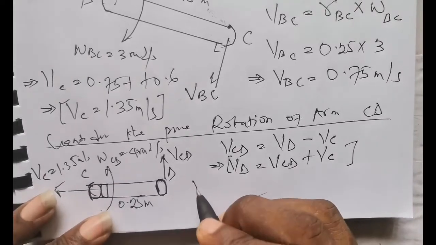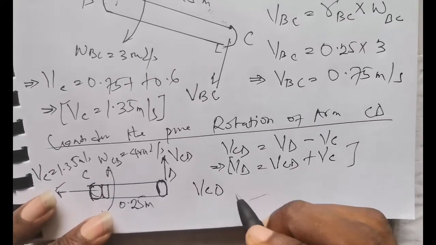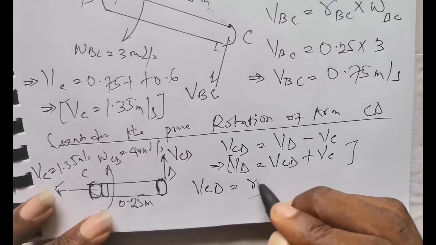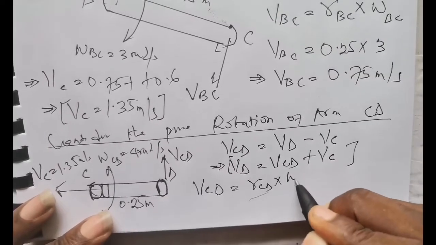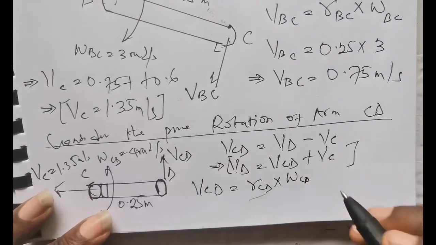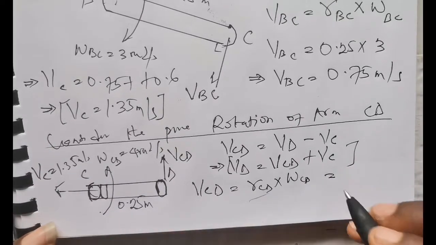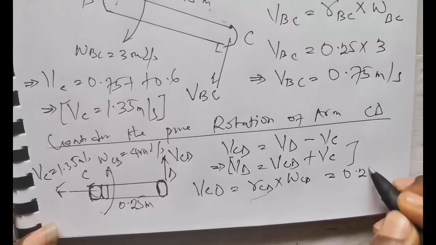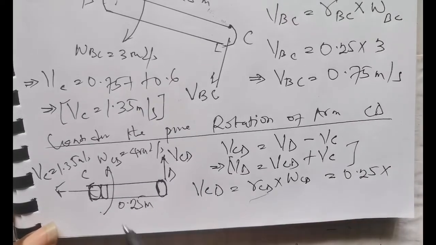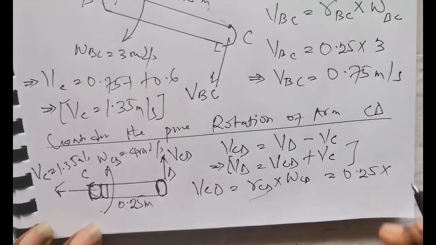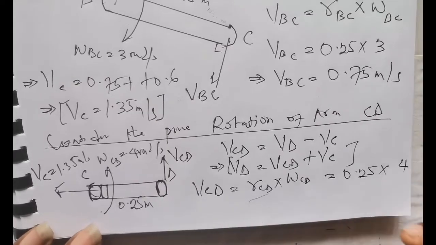Now we find relative speed between C and D, and that's simply the radius arm of CD multiplied by the angular speed of CD, and this is equal to the radius arm of CD, which gave us 0.25, so we have 0.25 multiplied by the angular speed of that motion, which is 4, so multiply by 4.